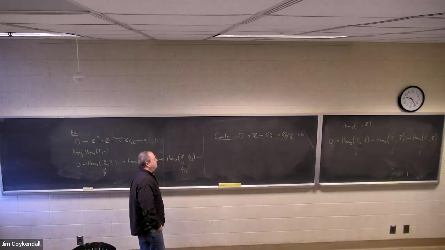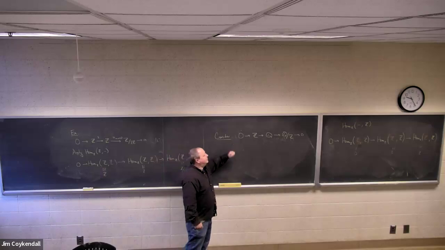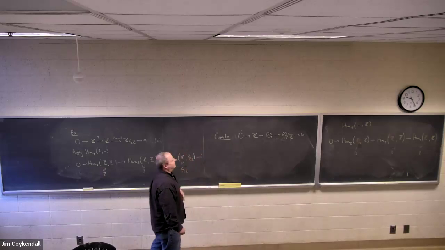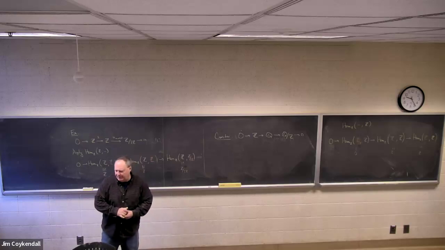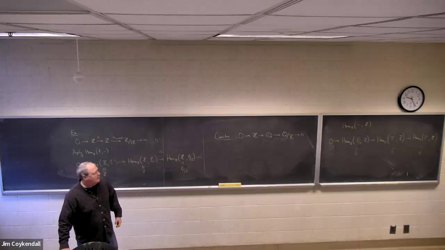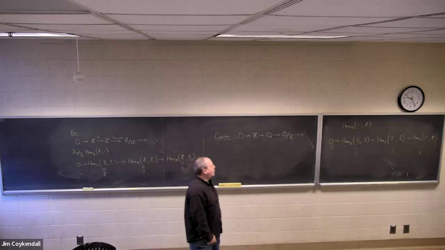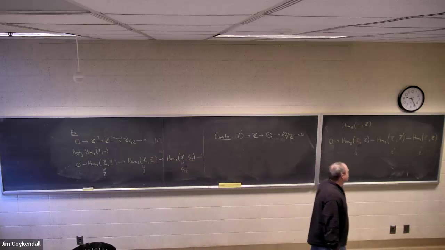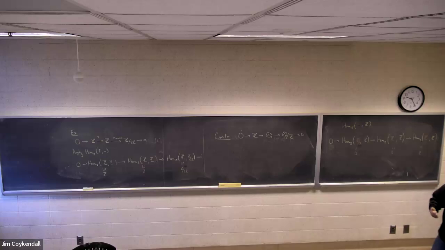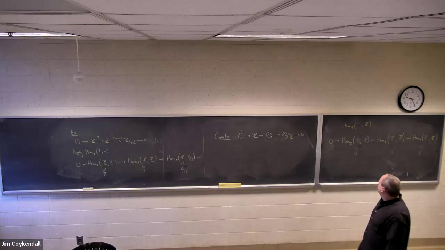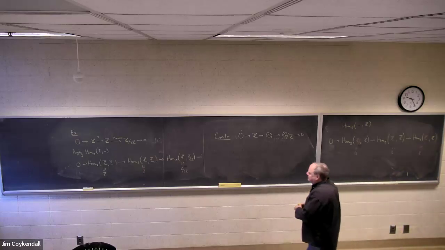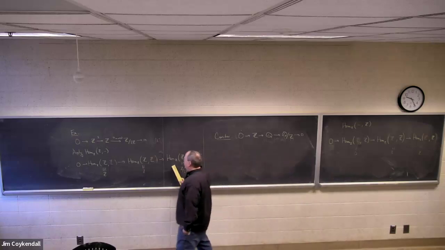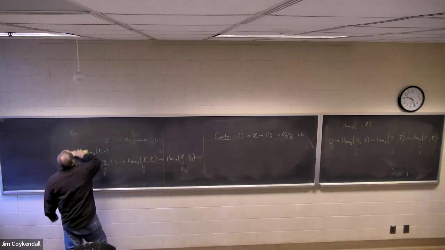By the way, I'll leave this as an exercise. Hom this with Q and Z in both variables to see what happens here. So one of the points of this example is that it's not always exact when you start with an exact sequence. But I noticed that sometimes it is. For example, this one remains an exact sequence.